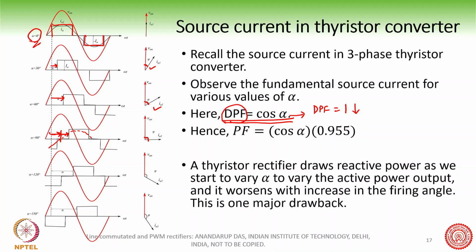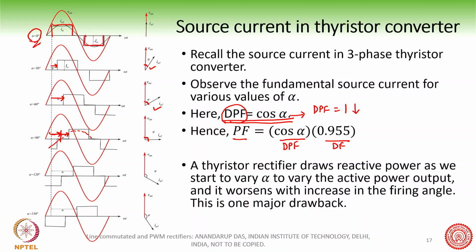Of course, if the dPF is falling, the power factor, which is equal to dPF into DF, also falls. The distortion factor of this quasi square waveform is constant, but the dPF is falling, and therefore the power factor is falling, right?